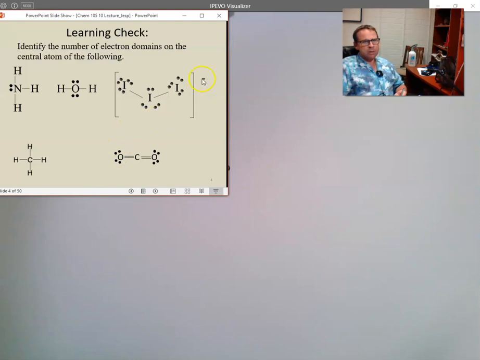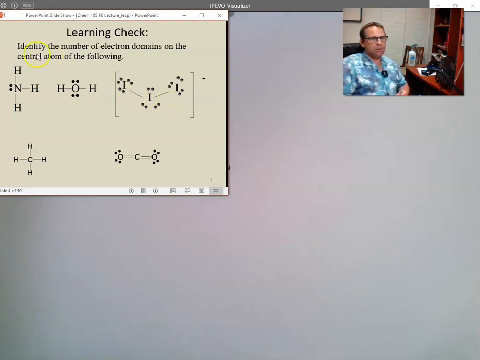How many regions of electron density are around the central atom in this species right here, Samantha? 5. That's right. There's the central atom, and we got 1, 2, 3 non-bonding regions, and 4, 5, the bonding regions, so a total of 5 regions altogether.